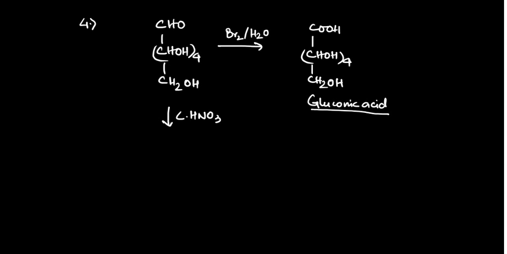So it will not only oxidize the aldehyde to a carboxylic acid, but it's also going to oxidize the primary alcoholic OH to a carboxylic acid. But oxidation of the secondary alcoholic OH to a carboxylic acid is not possible. So here we are getting this one.